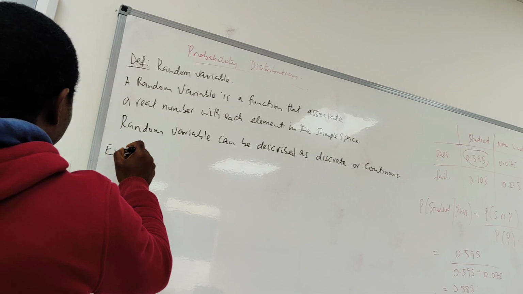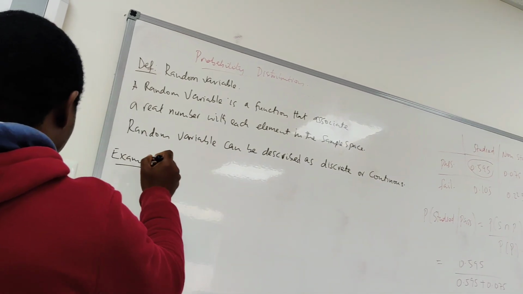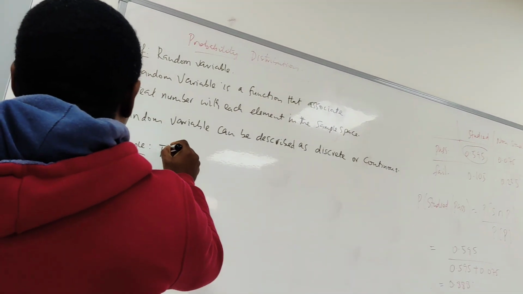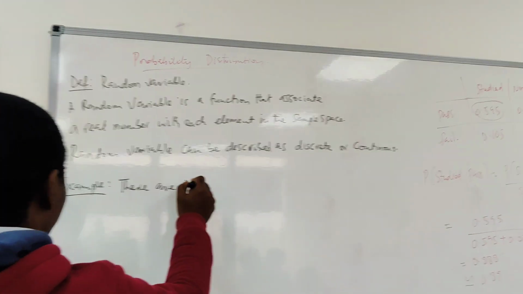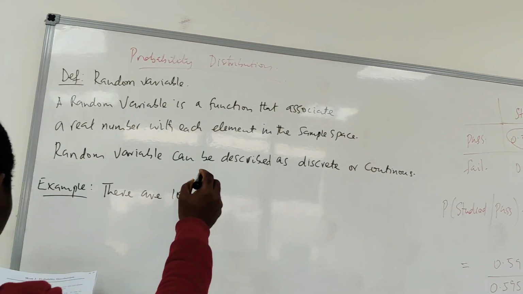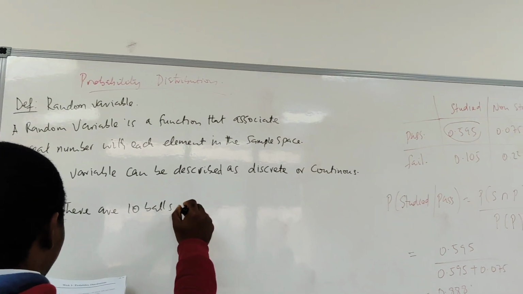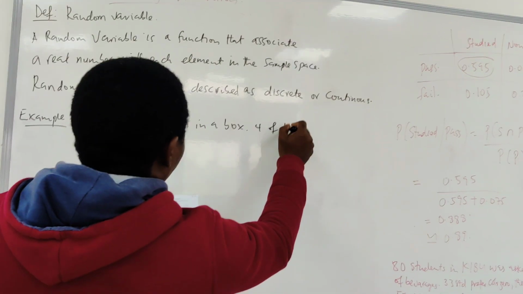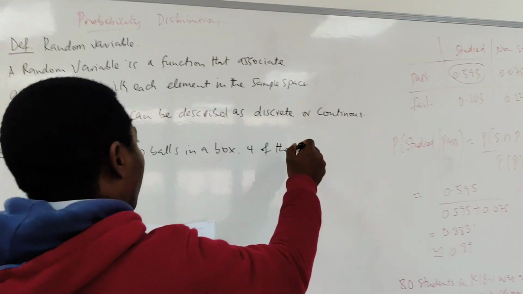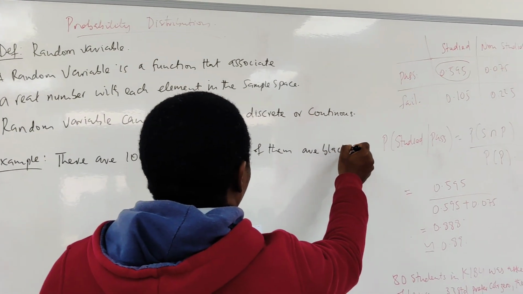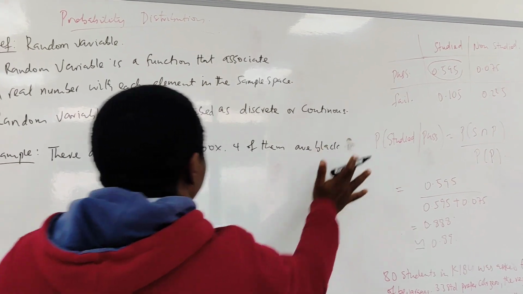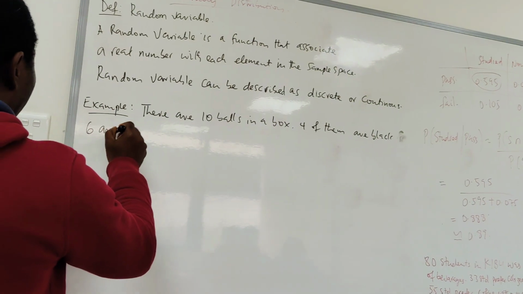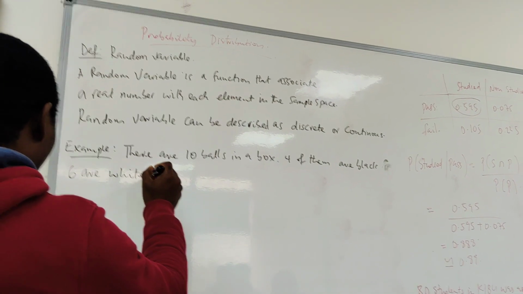Example: there are 10 balls in a box. 4 of them are black. 6 are white.